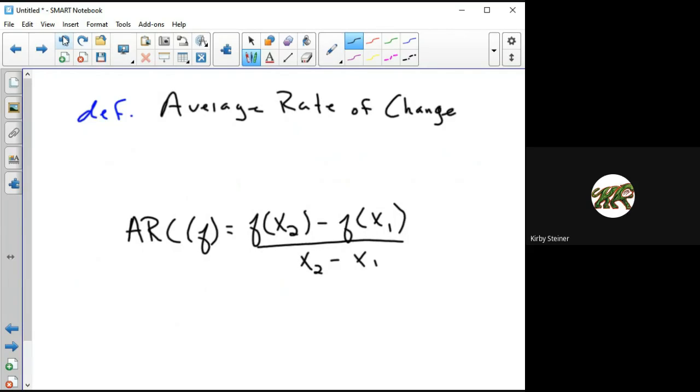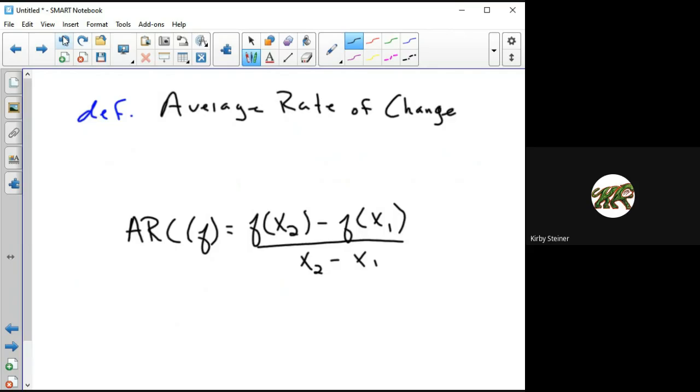So now we don't have to go through the steps of constructing a secant line, building a triangle, and then solving the slope. We just know that given some function and an interval range, x1 and x2, we can calculate the average rate of change. All right, so let's look at a couple examples.